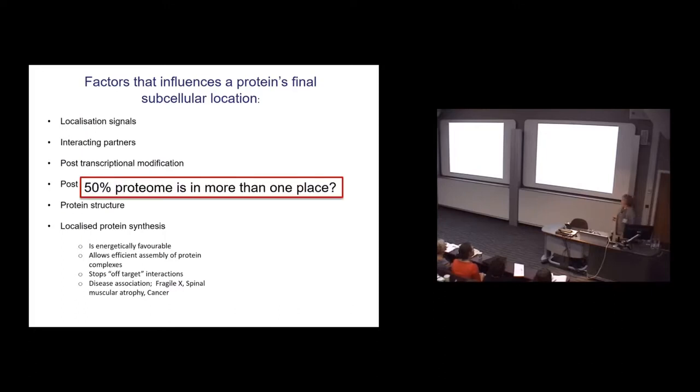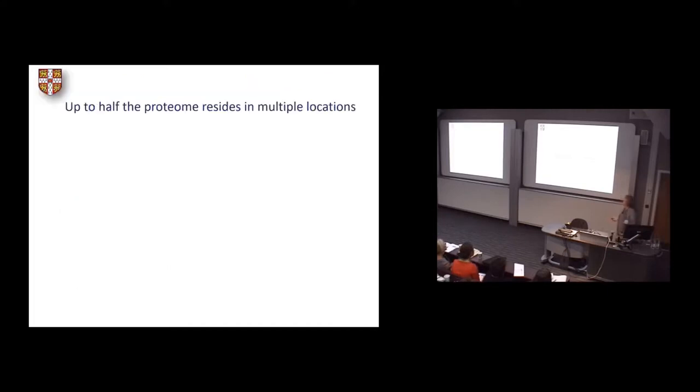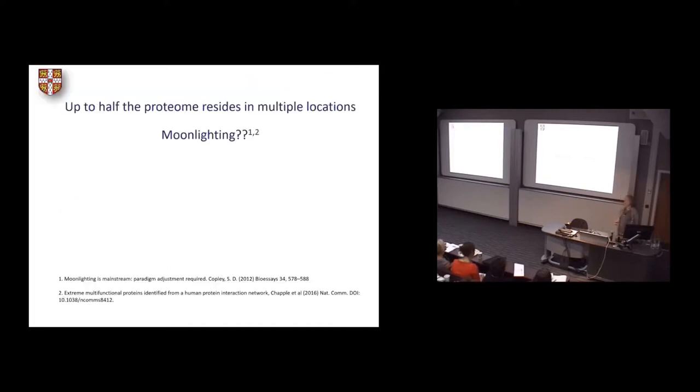So I hope I persuade you that 50% of the proteome is actually in more than one place. So why this is open to speculation. Some of it is to do with the fact that proteins, because of their function, traffic around different parts of the cell. But some of it is also to do with increasing evidence that proteins have to moonlight.